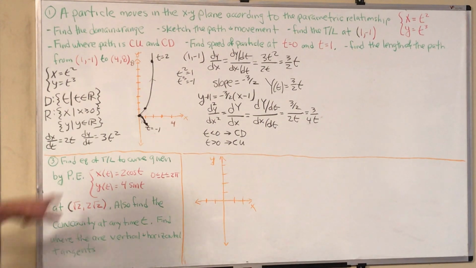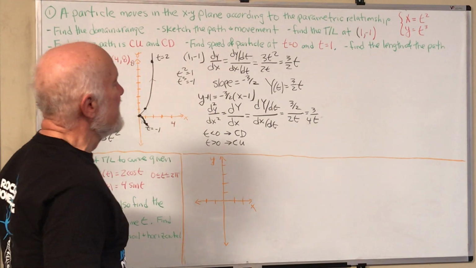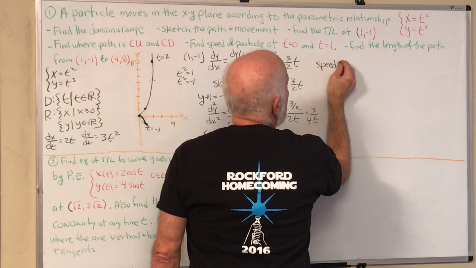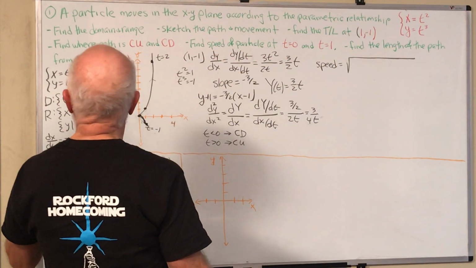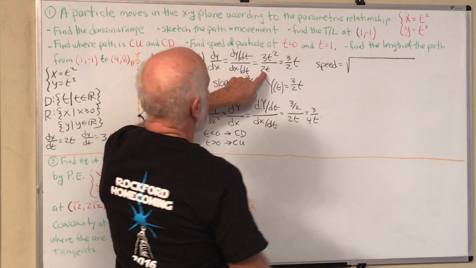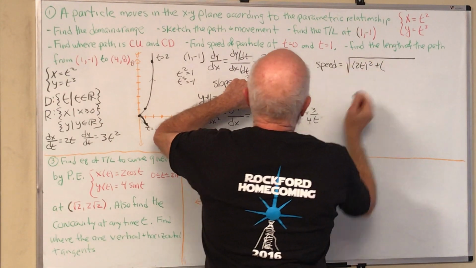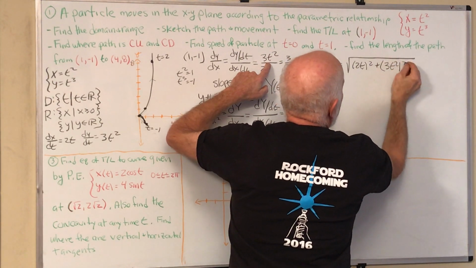What else do we want to find? The speed of the particle at 2 different times. Well, the speed is the square root of (dx/dt) squared plus (dy/dt) squared. So we have 2t for dx/dt and 3t squared for dy/dt.